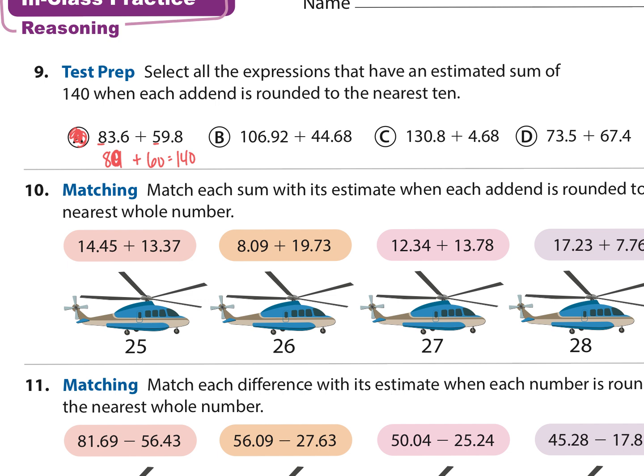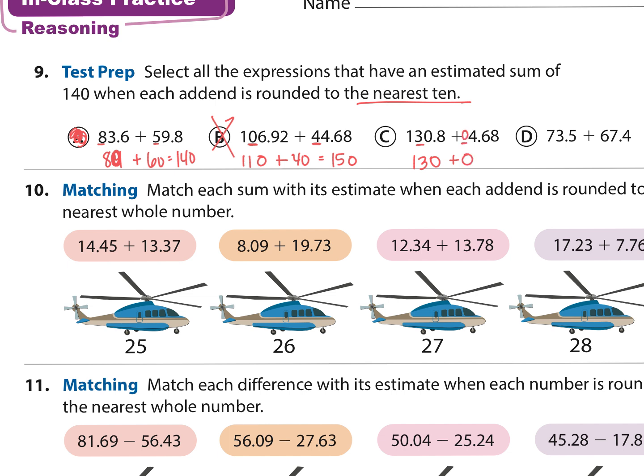Now this one, it tells me to round to the nearest 10. I'm going to underline my tens digit. So 106 rounded to the nearest 10 is going to be 110, plus this would be 40. This equals 150. So that is not going to work. This one rounded to the nearest 10 is going to stay 130, plus this rounded to the nearest 10, there's a 0 there, that would just be 0.